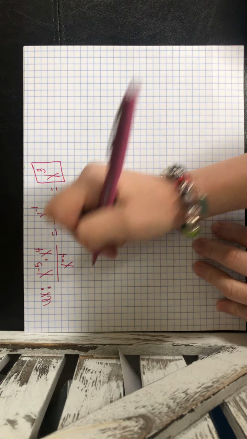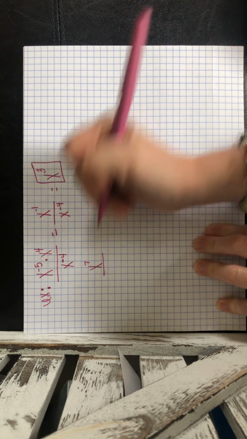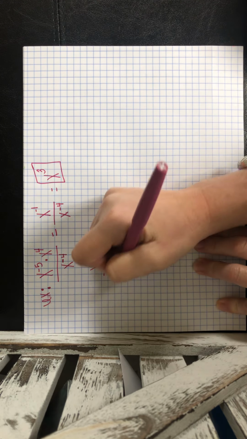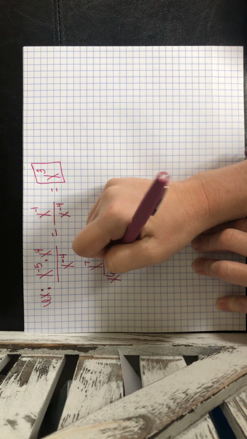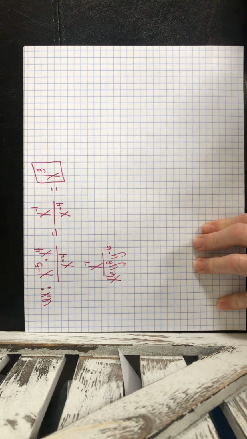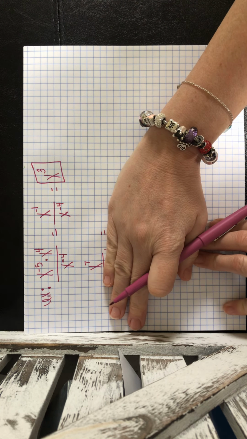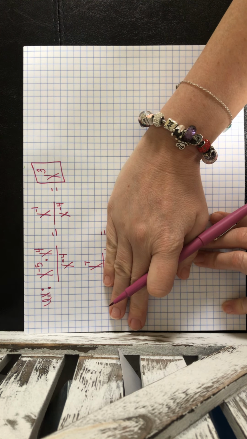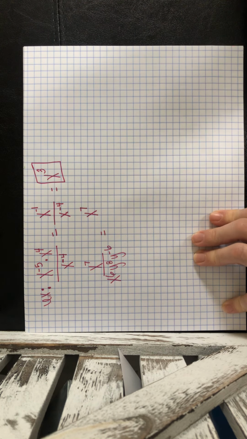Let's take a look at this example here. So we have x to the seventh over x to the sixth, y to the eighth, and y to the negative sixth. Now in this case, if we look at the numerator, there's nothing to simplify at this point in the numerator. So we're just going to rewrite x to the seventh.